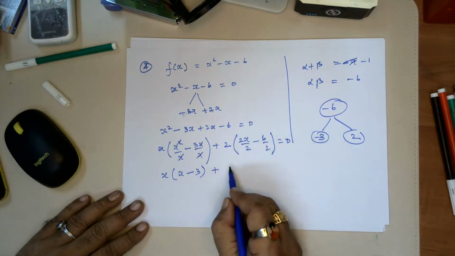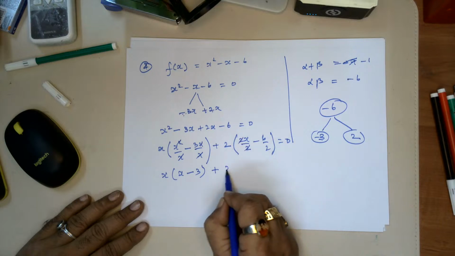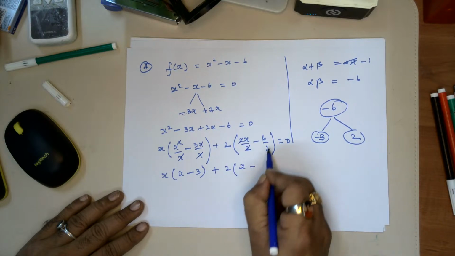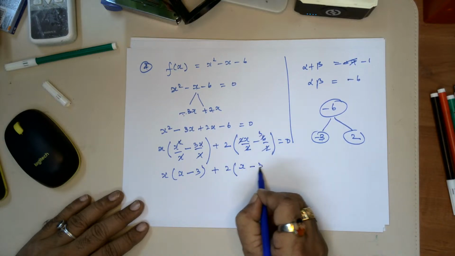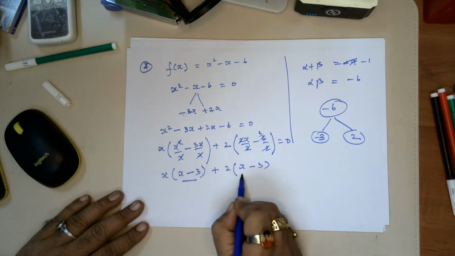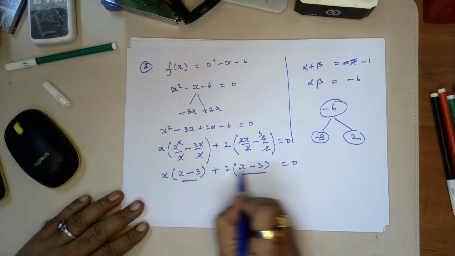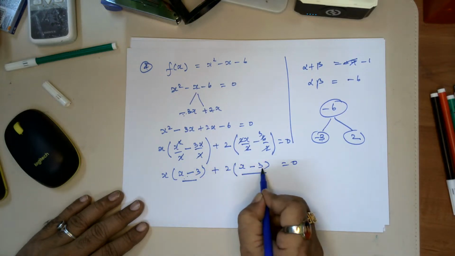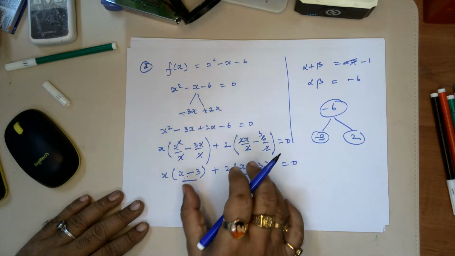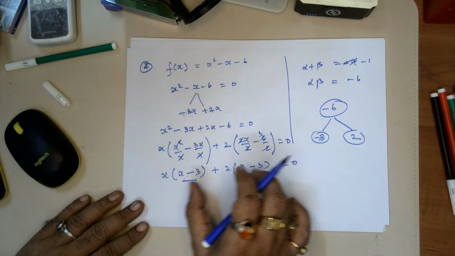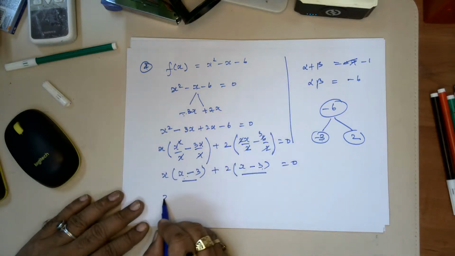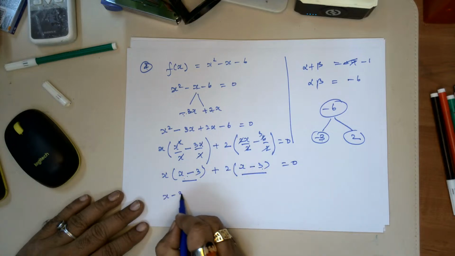So what about here? So 2 can be cancelled. Therefore x minus 3, right? Make sure that you get these common factors here, x minus 3, x minus 3. Now, since x minus 3 is a common factor, you can take it outside the bracket for the entire equation.